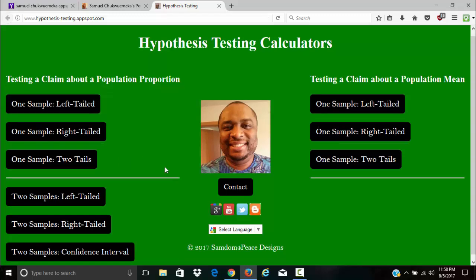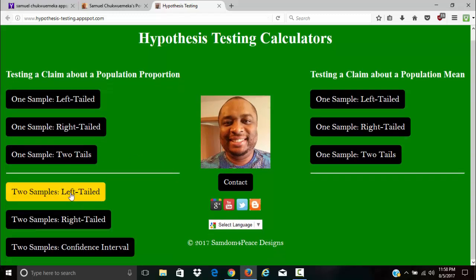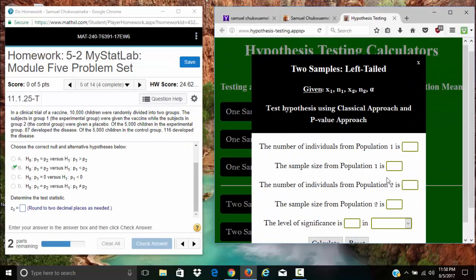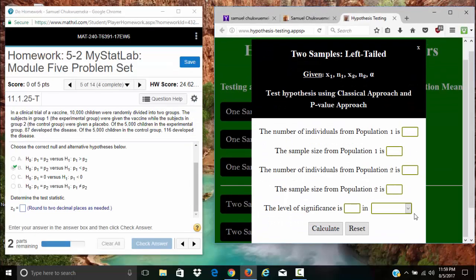So with the calculator, you look at two samples, left-tailed. Okay, that's what you use. X1, experimental, is 87. Sample 1 is 5,000 people. Then X2, the placebo, is 116. Sample 2 is 5,000.